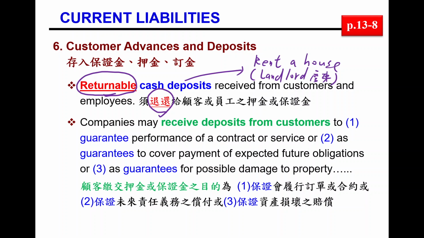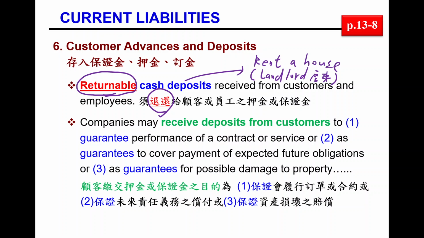Because the landlord wants the guarantee. After 1 year, when you want to move out, they want to make sure all the assets are without any damage, right? If they find any damage, they will ask you to pay the money. So they will take the deposit from you to cover any damage. Okay. So this is another case.